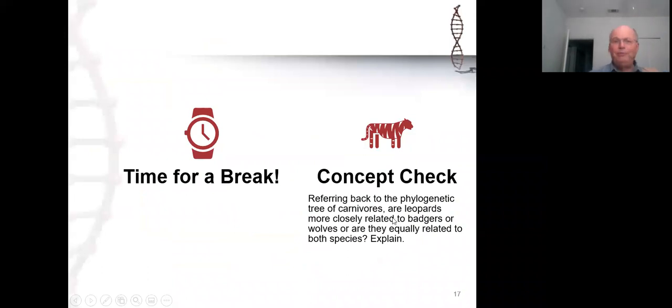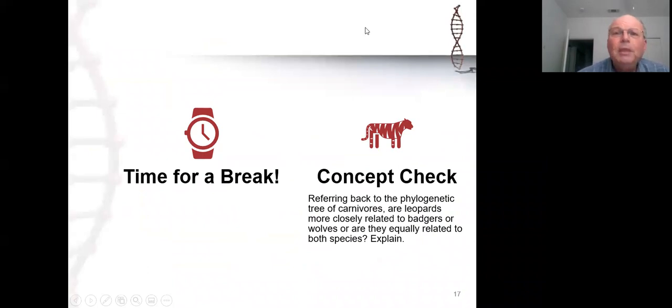So, time for our first break, and we'll put Zoom to the test here, I guess. So here is my concept check question, which I will answer when we come back from the break. Referring to the phylogenetic tree of carnivores, are leopards more closely related to badgers or wolves, or are they equally related to both species?